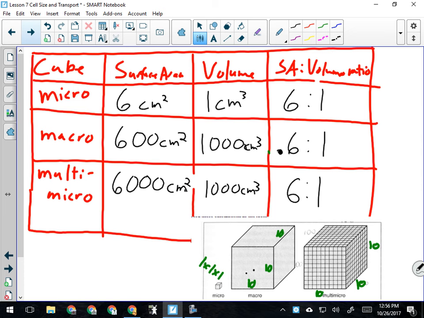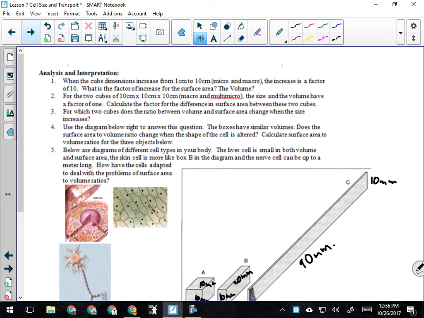Okay, so everybody's got that chart filled in? Okay. All right, so you got some questions you got to answer here, and I'm going to kind of reword these so they make a little bit more sense. You might want to do a little rewording here. Okay, question number 1 is talking about the 2 single-celled cubes. So when the cube dimensions increase from 1 centimeter to 10 centimeters, so that's from micro to macro, the increase is a factor of 10.